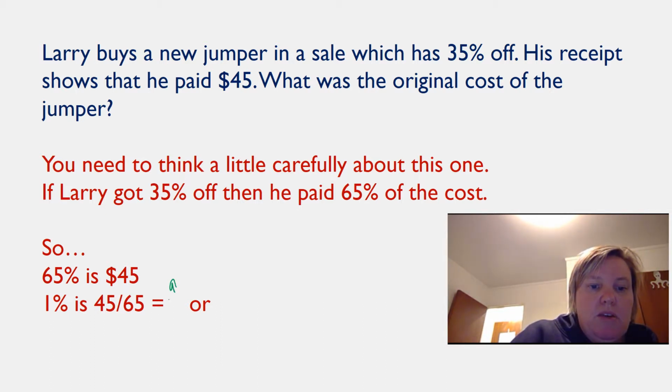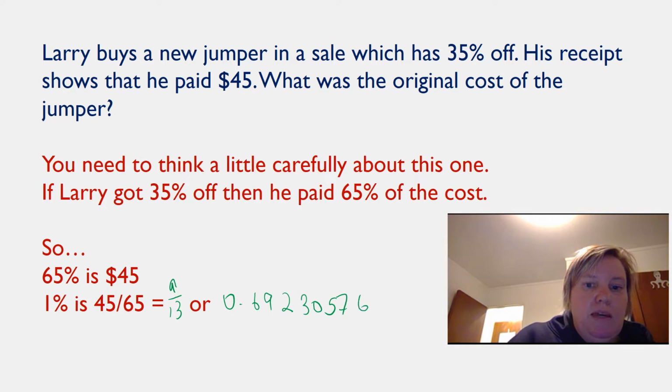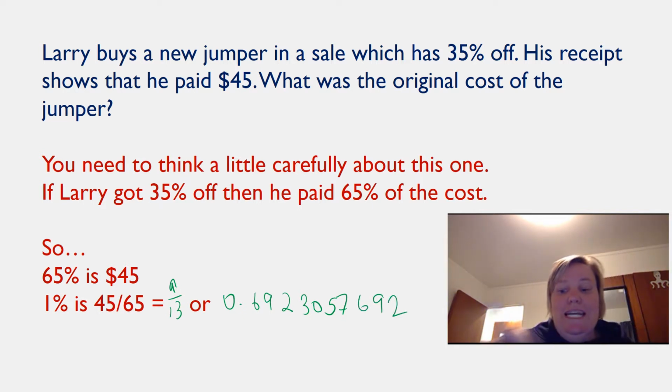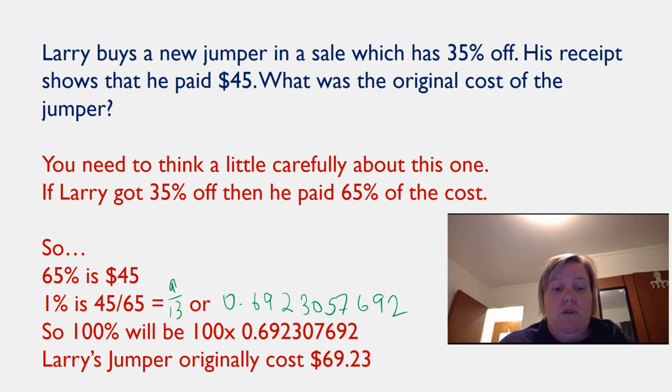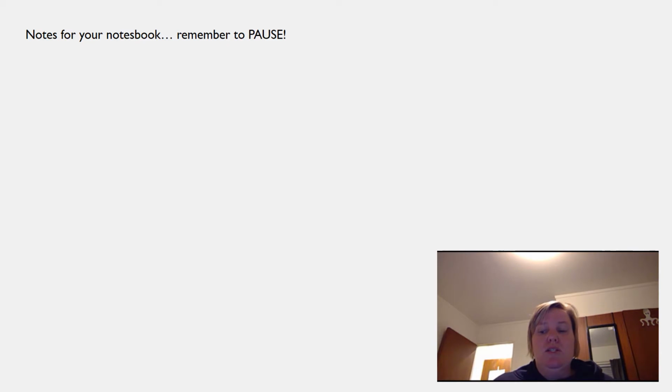So sometimes you can actually leave it in your calculator, or as a decimal it's really nasty. But the key here is that you don't have to write the whole thing down like me. You can just leave it in your calculator, because after I've found 1%, remember I'm going to multiply by 100 to get 100%. So Larry's jumper originally cost $69.23.